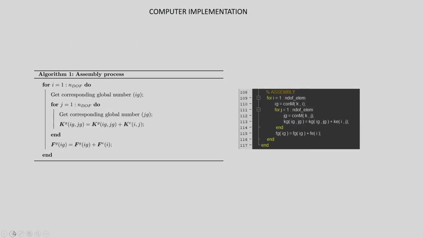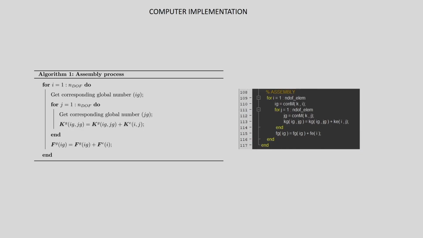Now we will go ahead and put the element contribution into the global system of equations. How do we do that? This is very simple. Look at the algorithm. Say I goes from 1 to the number of degrees of freedom per element, in this case 1 to 4.